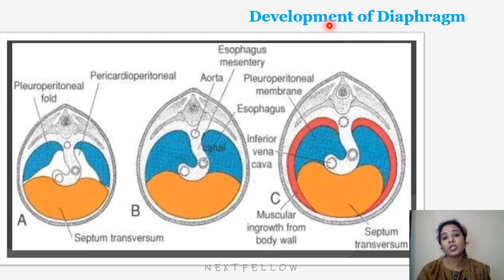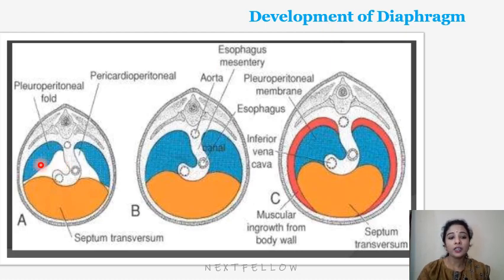During the 9th to 12th week, due to the growth of the lung buds and their pleural cavities in the lateral wall, on each side the developing pleural cavity, that is the pleuro-peritoneal canal, burrows into the lateral body wall, which splits into two layers, the external and the internal layer.